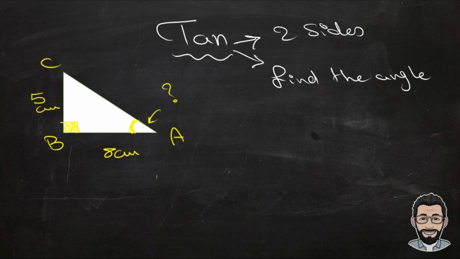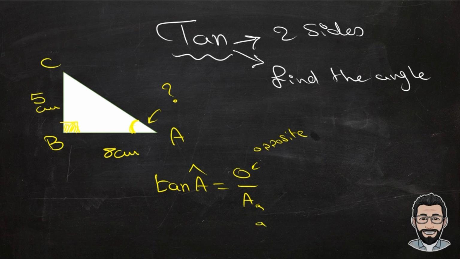So find this angle. What are you going to do? Firstly, you have to prepare tan A. Tan angle A equals O over A. O means opposite, A means adjacent. Now equals, where's the opposite side? Yes, great.